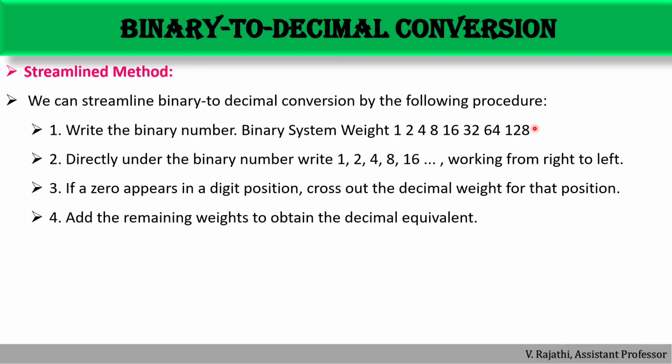Directly under the binary number, write 1, 2, 4, 8, 16, working from right to left. If 0 appears in a digit position, cross out the decimal weight for that position. Add the remaining weights to obtain the decimal equivalent. These are the steps followed in the streamline method.